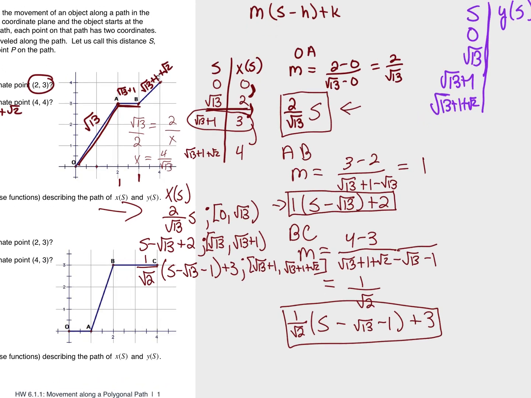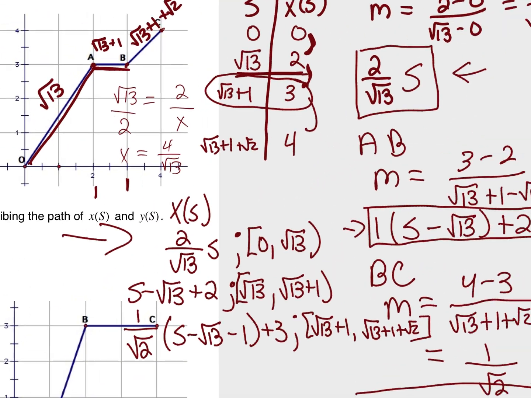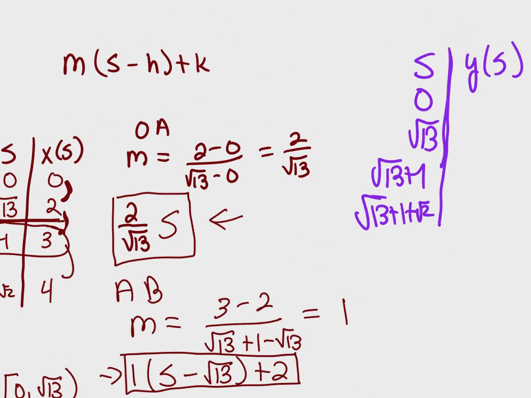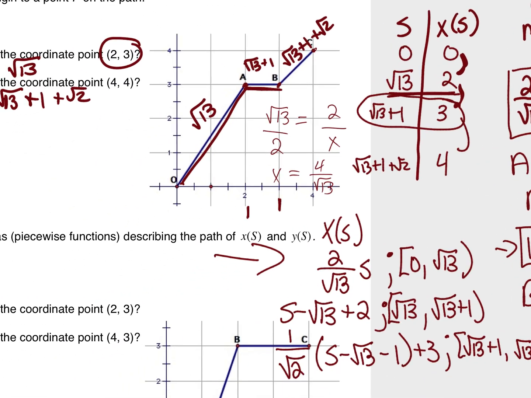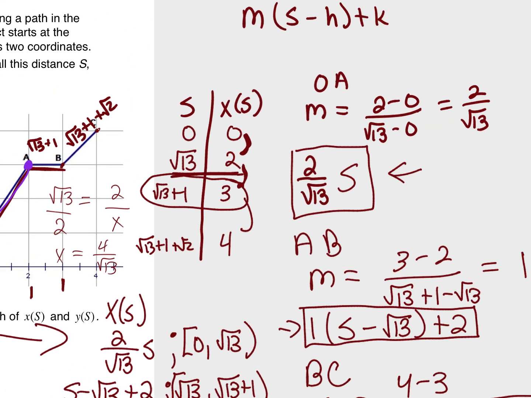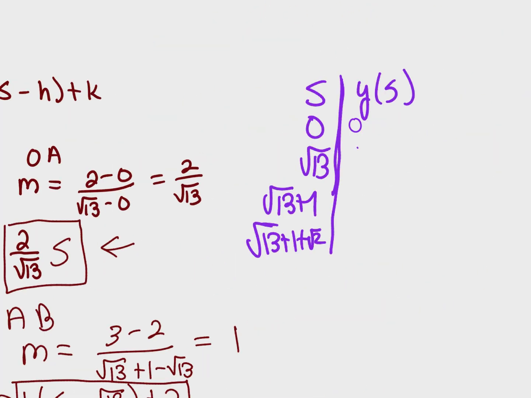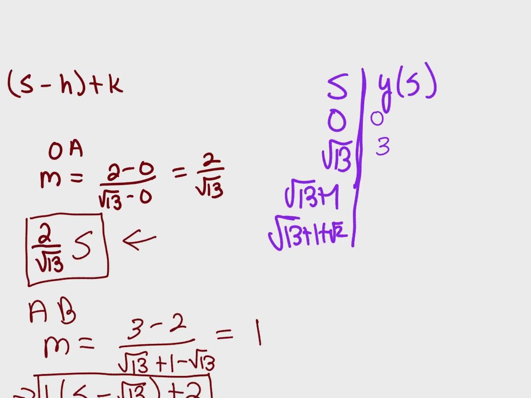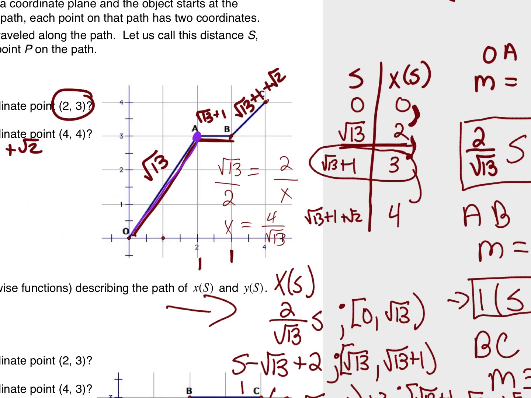So if I go back and look in my graph at 0, well, it's 0. But then after I've gone the square root of 13, I'm all the way up here at 3. So that would be my y. If I look over at square root of 13 plus 1, that puts me right here.